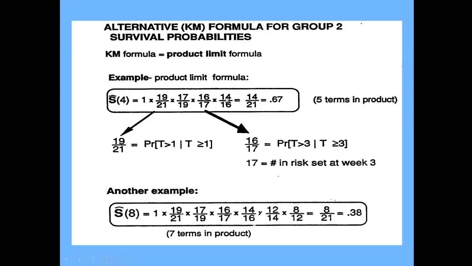In fact, you only have 1, 2, 3, 4, 5 terms in this formula. If you wanted the survival probability at 8 weeks, you would have more terms, but it stops at 8 weeks. So there's a limit to how many terms you put in the product. That's why it's called product limit.